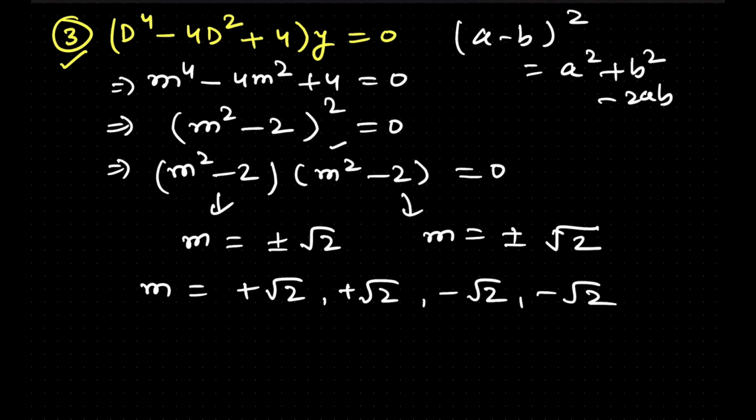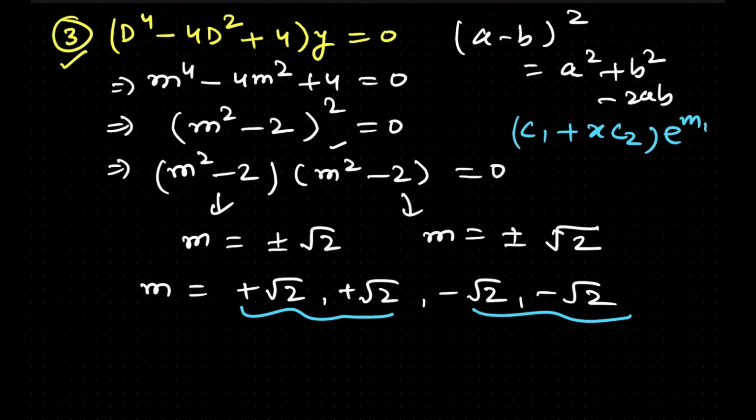Now we know that in case when two roots are equal, then our constant is c1 plus x c2, then e to the power of m1x. Keeping that in mind, because 2 times our roots are equal, here also our y will become e to the power of m1x.